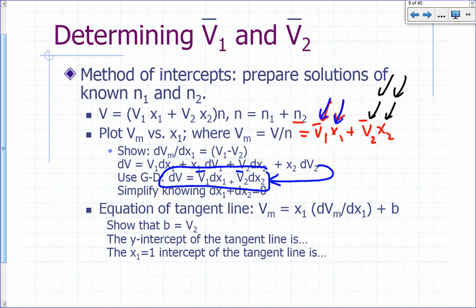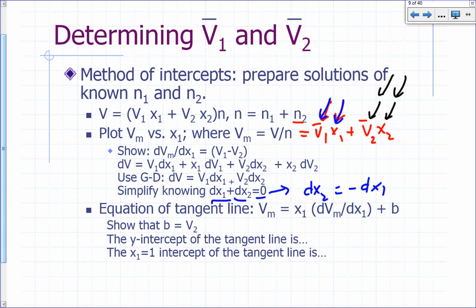But we know that if the mole fraction of one increases, the mole fraction of the other one decreases. In fact, mole fractions add up to 1, so dx1 plus dx2 must be equal to 0. So if your mole fraction went up by 0.1, the mole fraction of the other component will go down by 0.1. That means you can write dx2 is just equal to negative dx1.